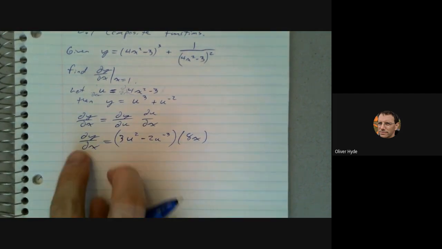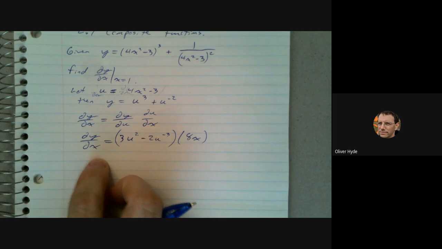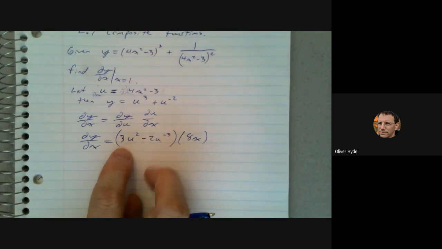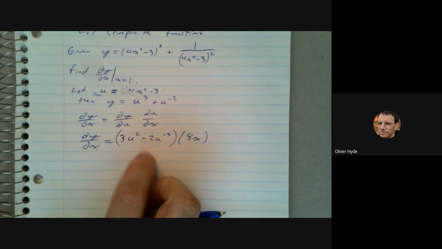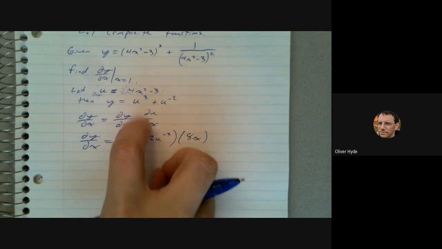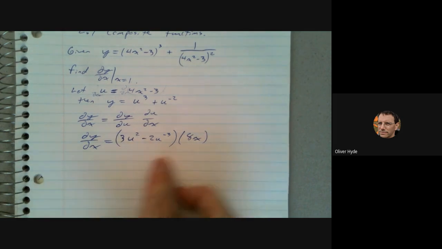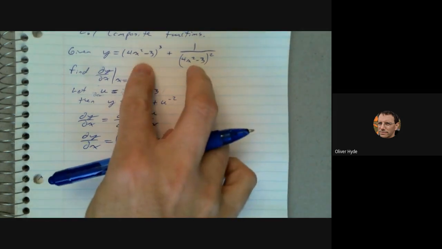Now, this is an expression for delta y by delta x, but it's not an expression in terms of x. If you want to now substitute 4x squared minus 3 for u, I feel like you're going about this backwards. You might as well have just differentiated in the original format.